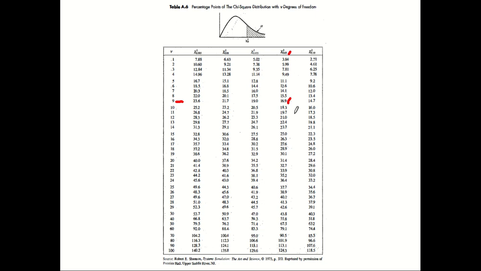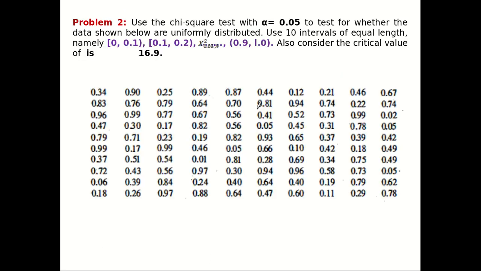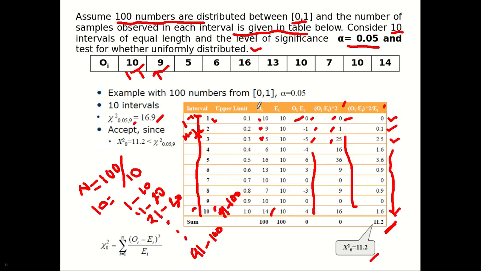So we get 16.9. This value is compared with our computed value. Our computed value is less than the critical value. Hence we say that all those 100 numbers are uniformly distributed between 0 comma 1.